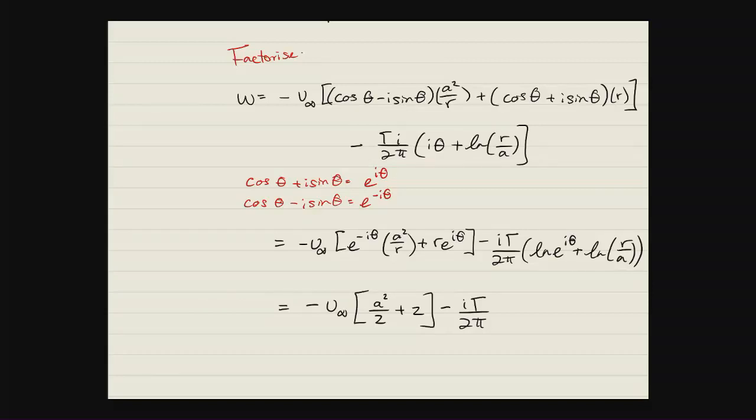And this term here, I'm using the same trick which we did in the last lecture, right? So i theta, I'm just going to put it as an ln exponent i theta. Because I can then combine this term with this term here, which would give me z over a. So it's just going to be ln z over a.